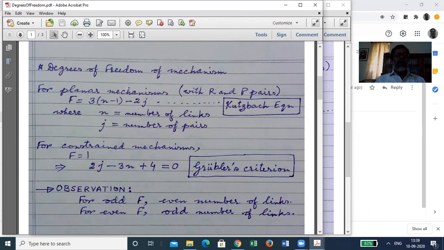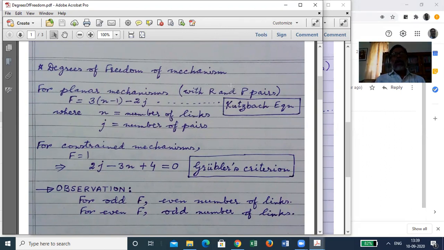So the equation is this. Of course, Kurzbach might have made a lot of effort to get to this formula and formalize it, but it is actually very simple. Say n is the number of links and j is the number of pairs. What kind of pairs? R pairs and P pairs.